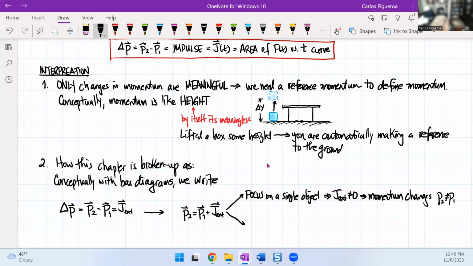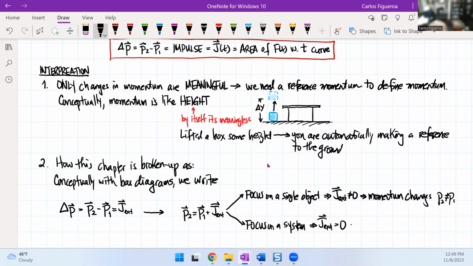As soon as we finish this, we now focus on a system of particles. And in this case here, it turns out that our external forces that we look at are going to sum to 0.